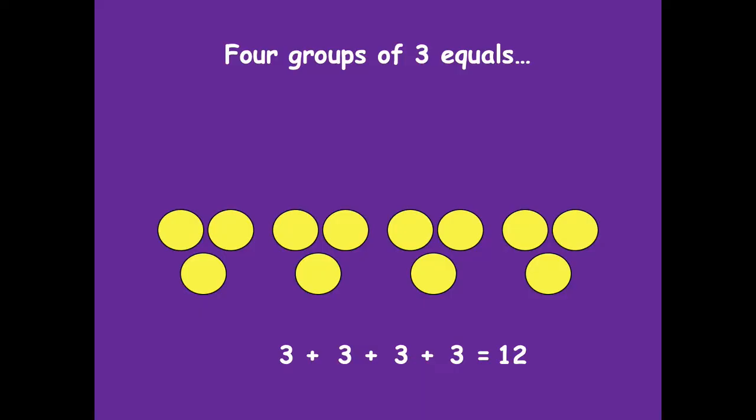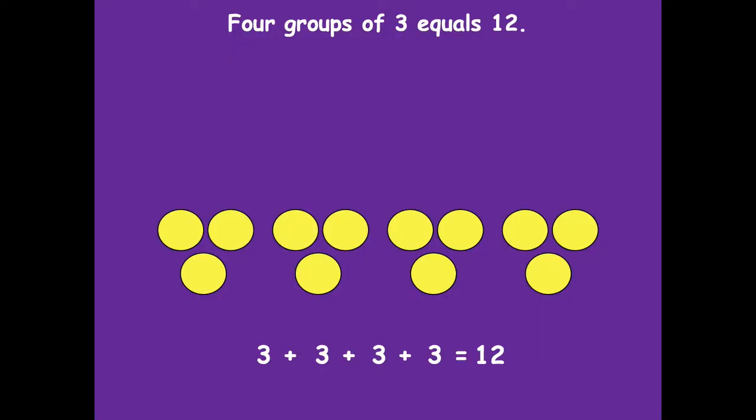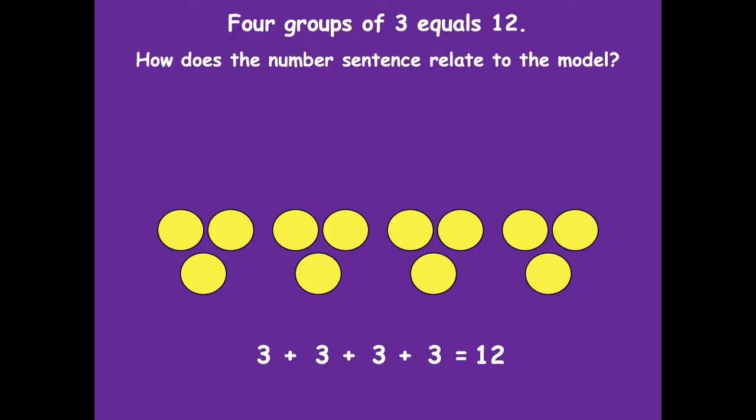So 4 groups of 3 equals 12. So say the complete sentence. So that would be 4 groups of 3 equals 12. How does the number sentence relate to our model? So 4 groups of 3 equals 12. How does that relate to our model with our counters?